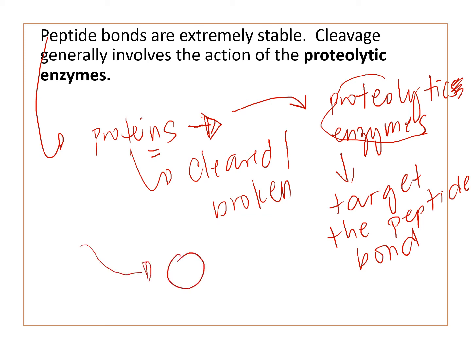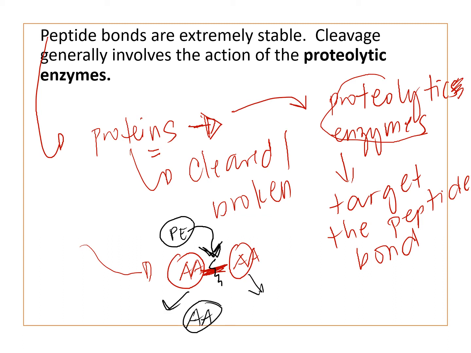If this is one amino acid and another amino acid, this is the bond that was made between the two amino acids. The proteolytic enzyme will have to act upon the peptide bond and break it in order to release two amino acids. So in this way, the protein is gradually being degraded or broken down.